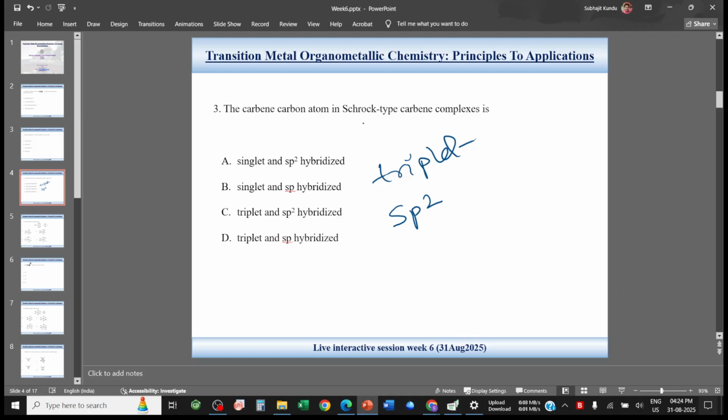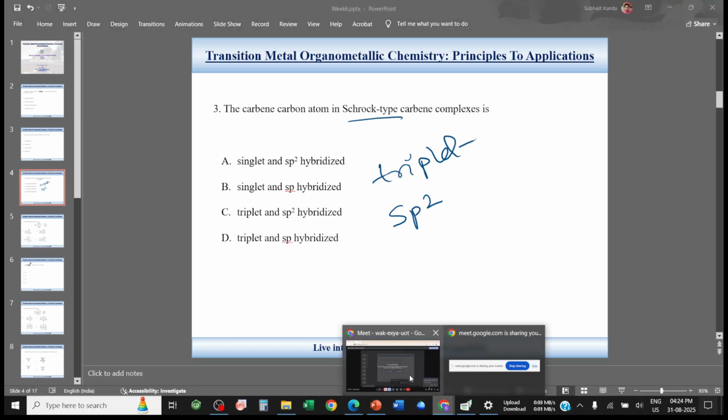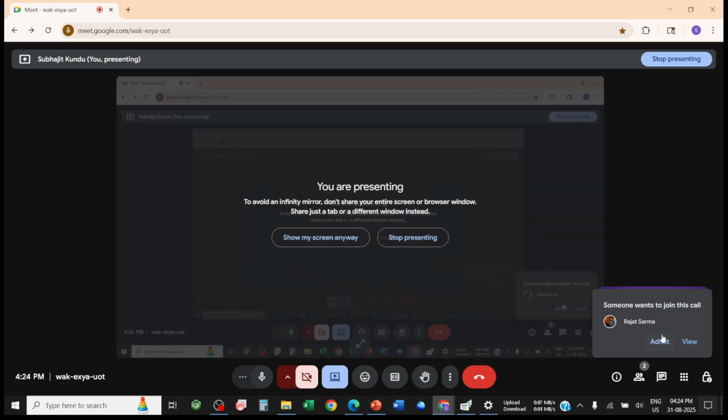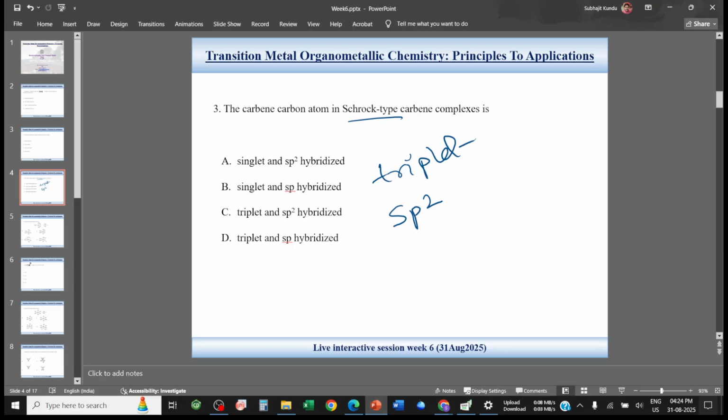That means the Schrock type carbene is a triplet carbene and has a hybridization of sp2.